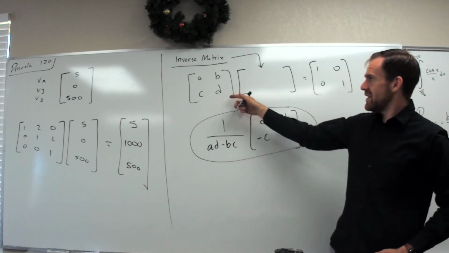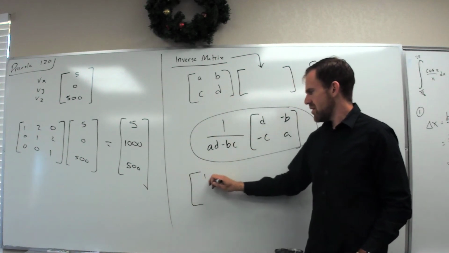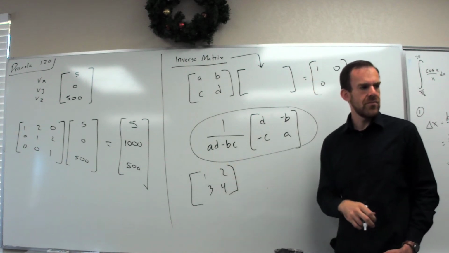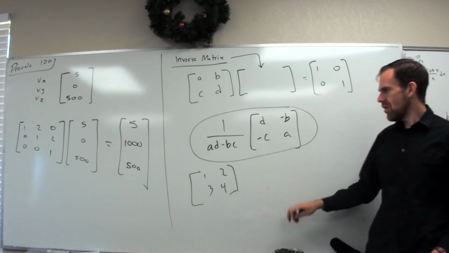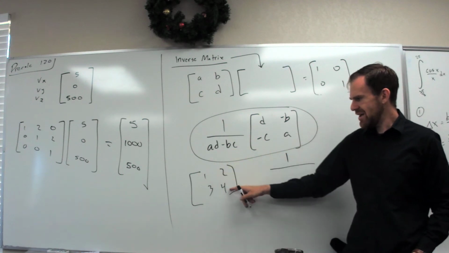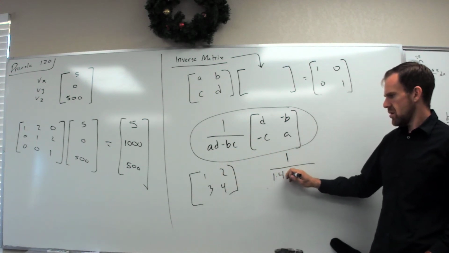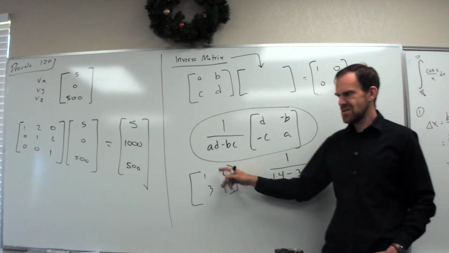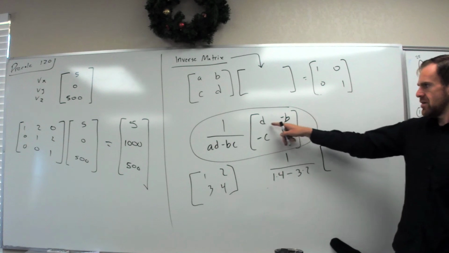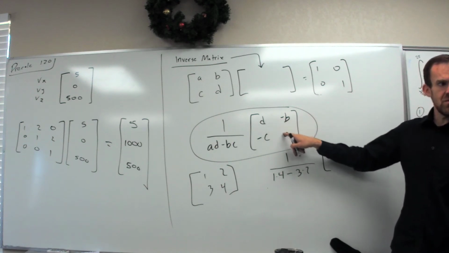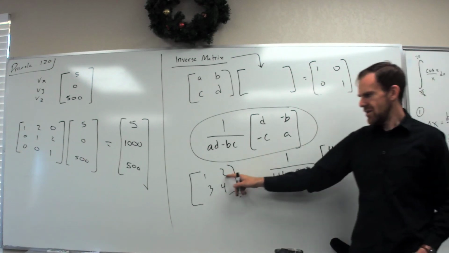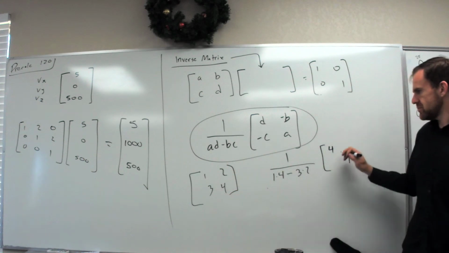So let's try and find the inverse matrix for 1, 2, 3, 4. You're going to do 1 over AD minus BC, so it's basically the determinant of this, times, so you switch these two, so it'll be 4 and 1, and then these two become negative.